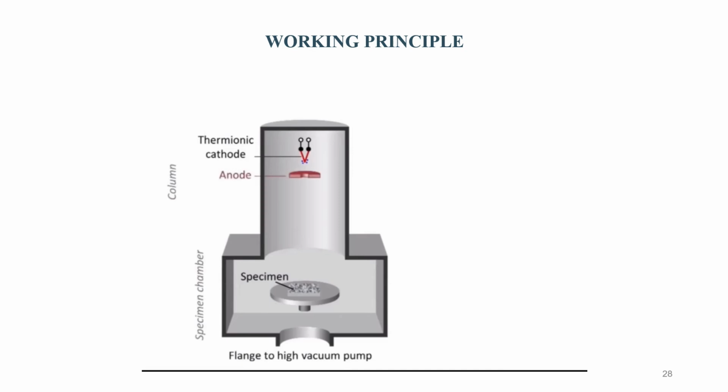After this thermionic cathode, another plate called an anode is also placed in the equipment. This anode is connected to the positive pole and the thermionic cathode is connected to the negative pole. The strong electric field generated because of this accelerates the electrons generated from the thermionic cathode. All these generated electrons are called primary electrons.